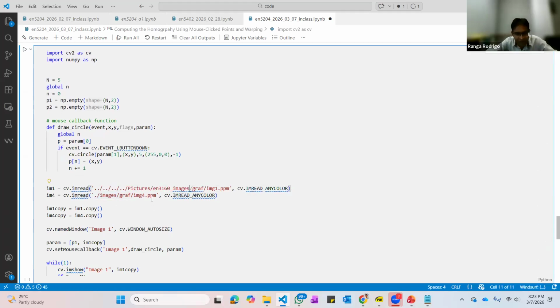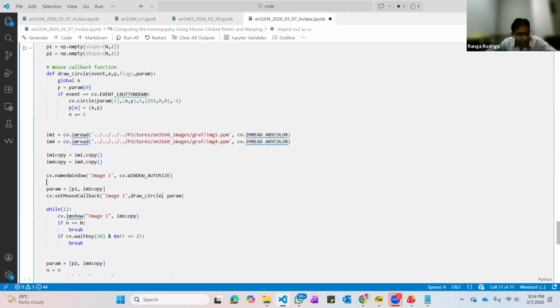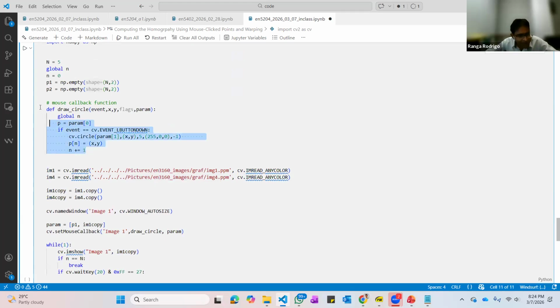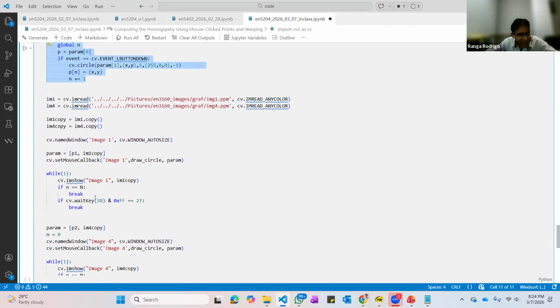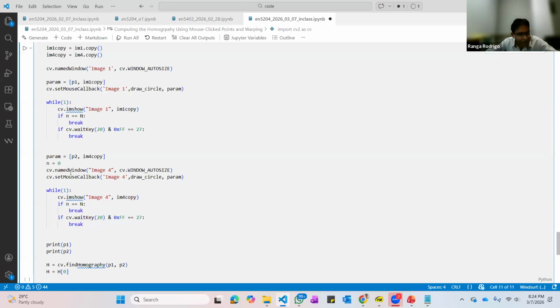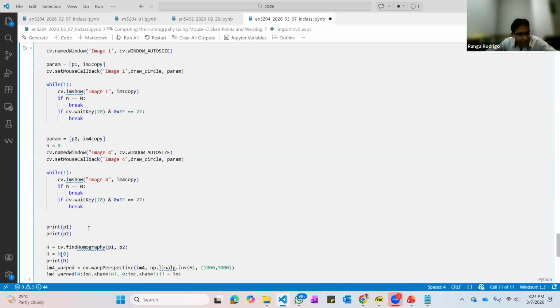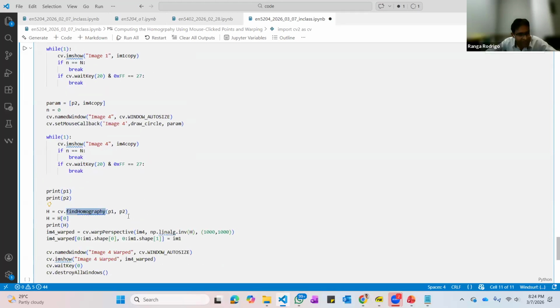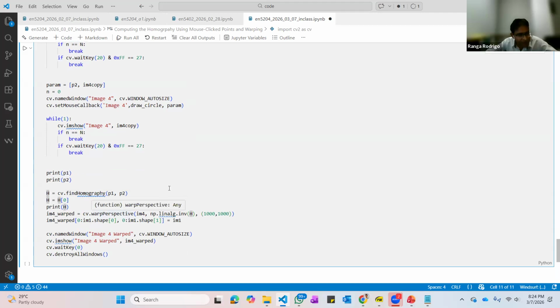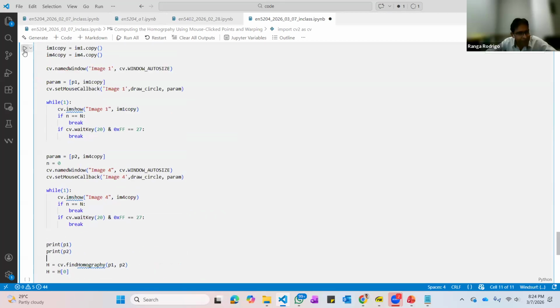Then the second image also, image 1 and image 4, I'm applying. But you can see I'm not importing the homography here, but I have a mouse callback function using which I can click the points. And then I'm doing the find homography function. Using the 2 point sets, I can find the homography. I'm not importing the homography this time, and then I do the warp perspective as we did before.